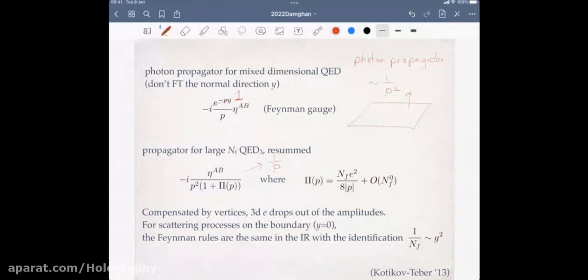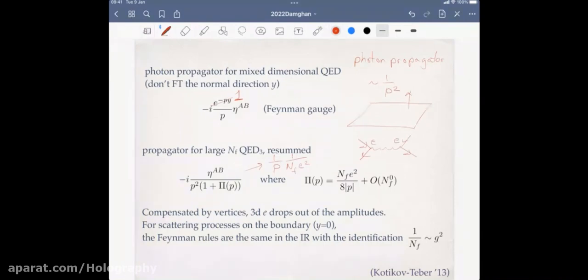And then we can pay attention a little bit to the factors of NF and e and so forth. What do we see? We're going to get something like 1 over NF e squared as well from that propagator. But then when we build our diagrams, we're going to scatter an electron off a photon, and so we're going to have some factors of e at the vertices.